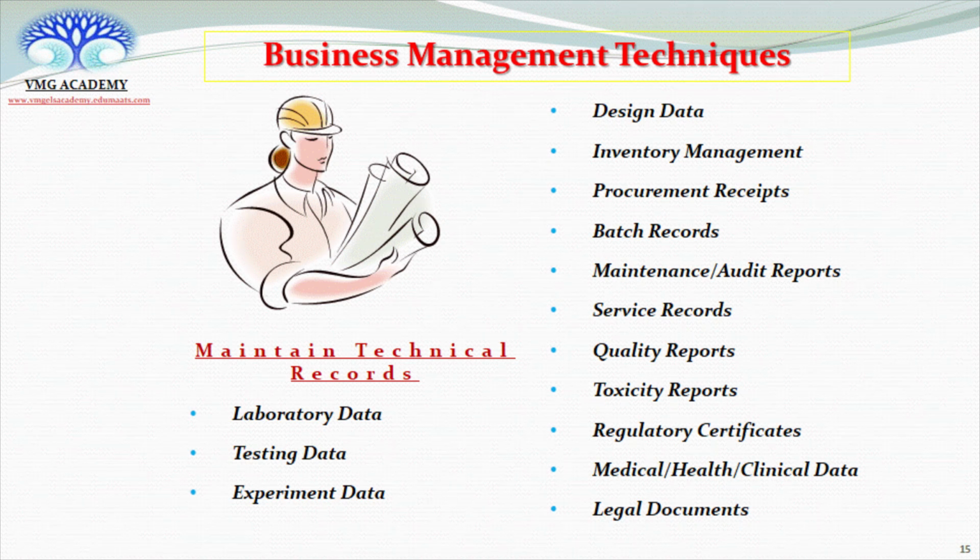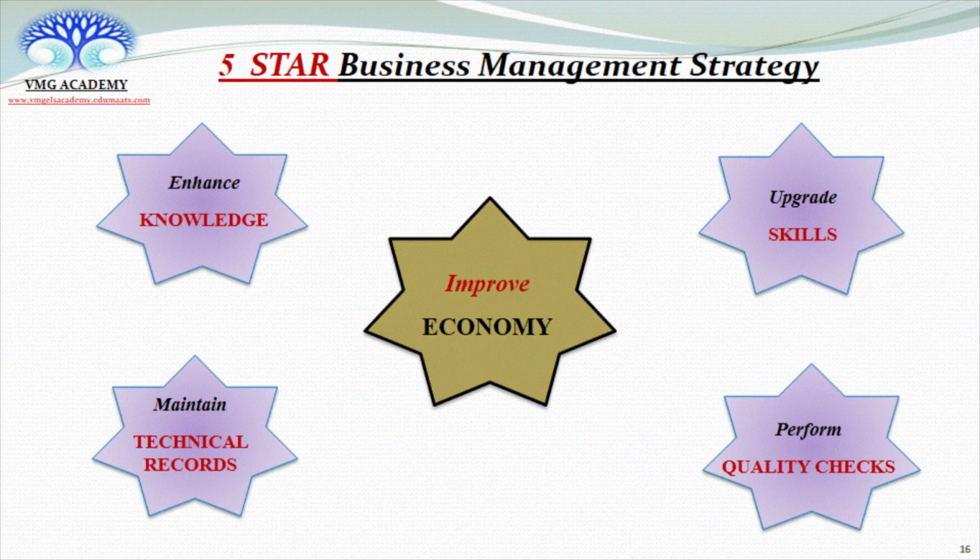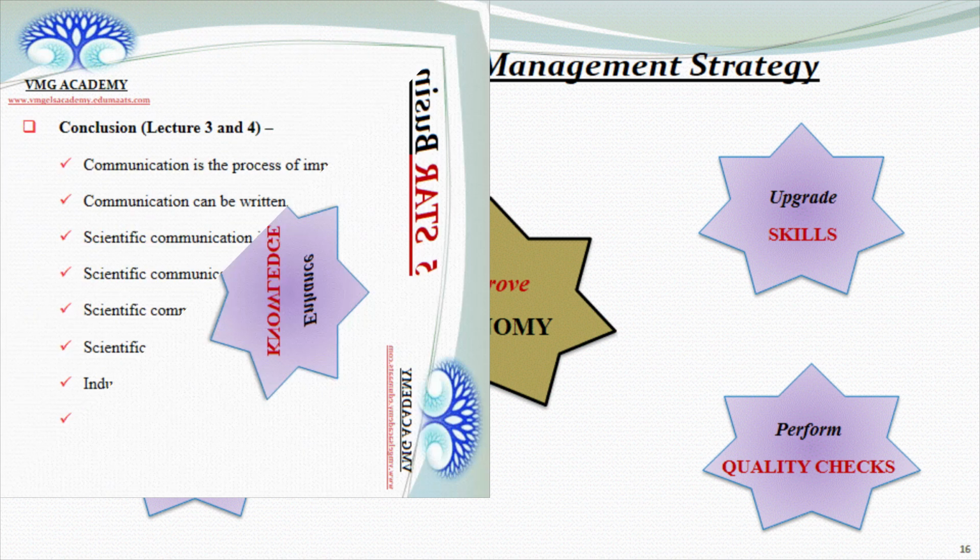Some of the important documents are laboratory data, testing data, research data, batch records, quality reports, service reports, regulatory certificates, and other legal documents. While these documents would help you to manage business operations effectively in the long run, an important strategy for business management is to enhance knowledge, upgrade skills, maintain technical records, perform regular quality checks, and improve the business economy.